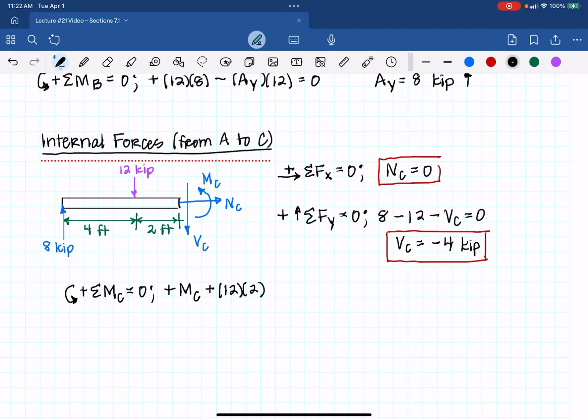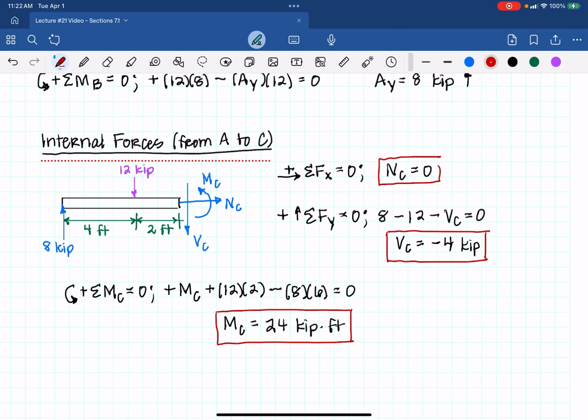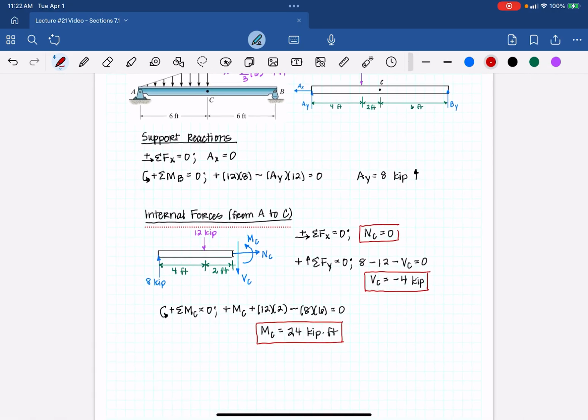And then I've got the force at the support, which is -8, and it is 6 feet away, equals 0, which is going to give me a bending moment of 24 positive kip feet. And that is my answer. Like I said, if you want to see this from the other direction, you can look in my solutions and you'll see the answers.